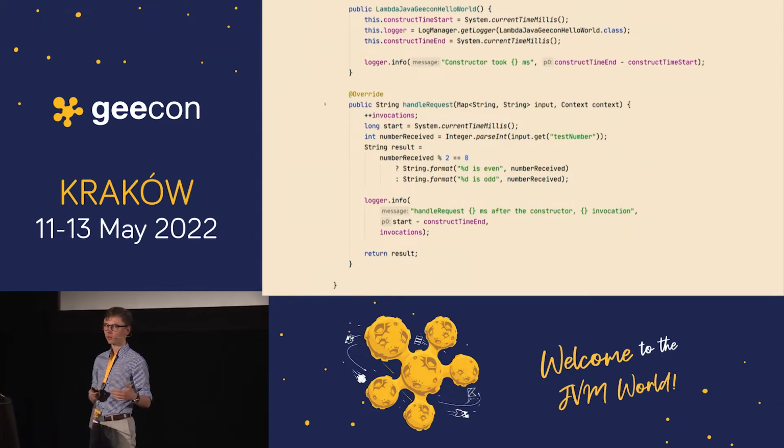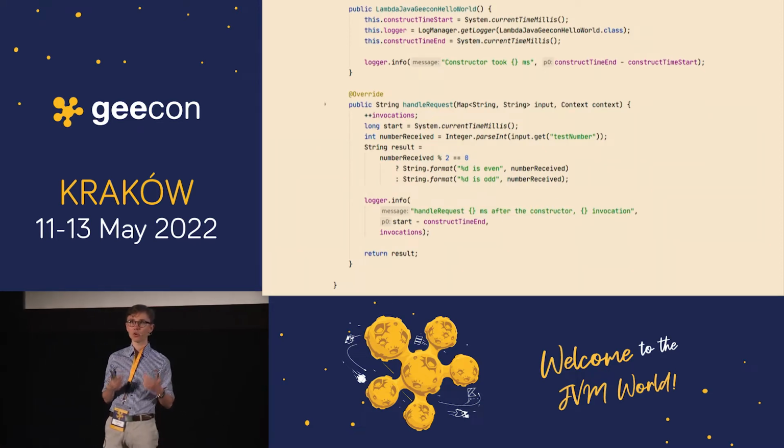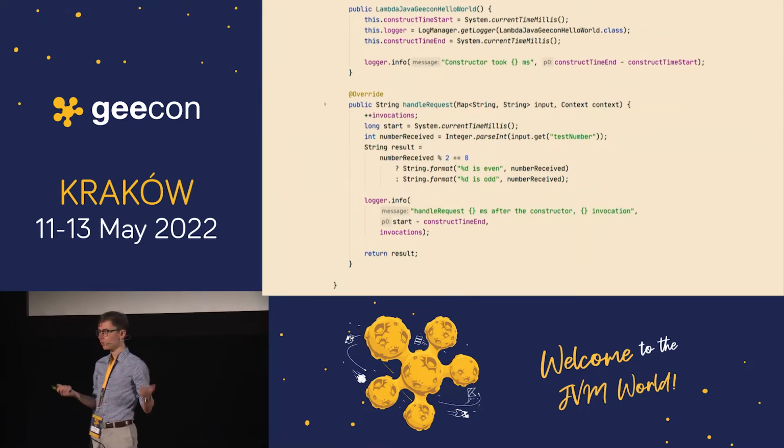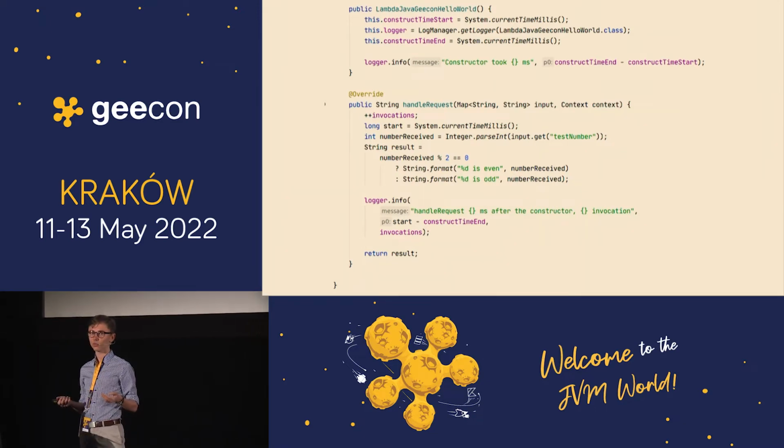Okay, now let's look at some example timings and try to understand how long cold starts are in the case of a JVM. So this is a very simple function. It doesn't do anything, basically.